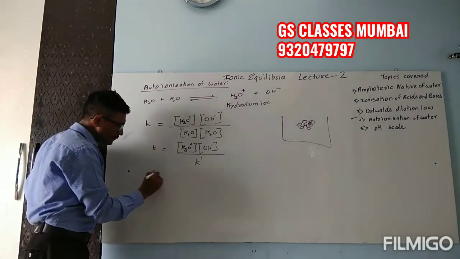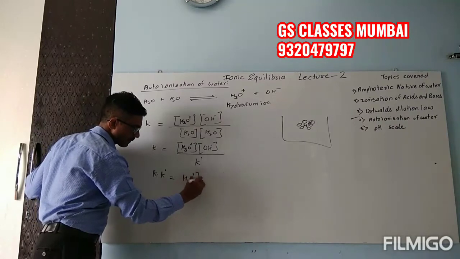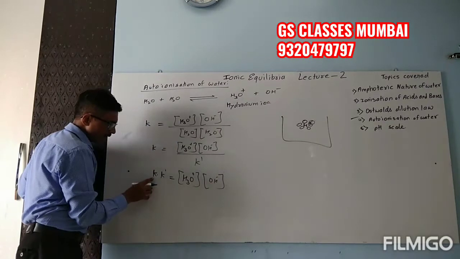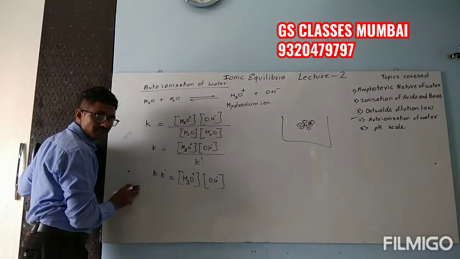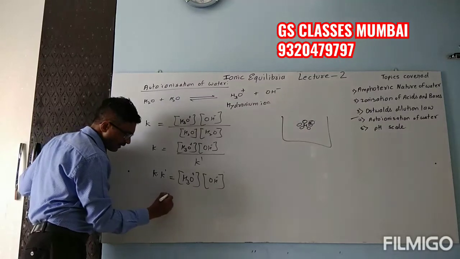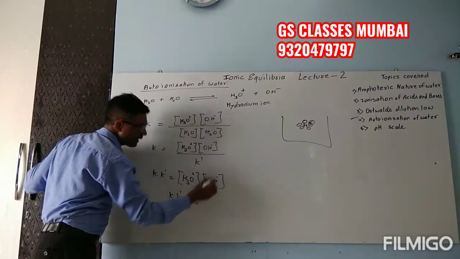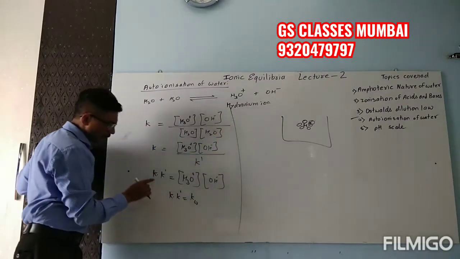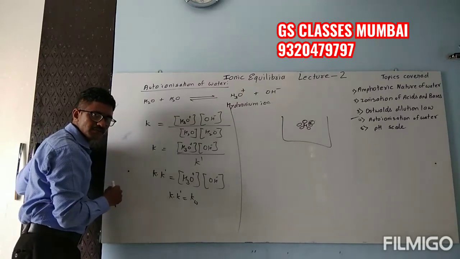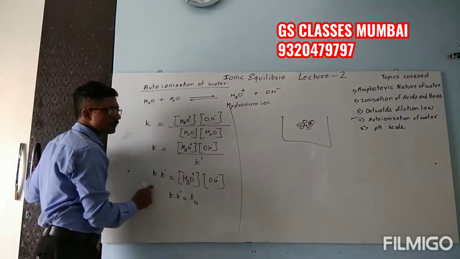So now it becomes a constant K into K dash. Again these constants we will replace by another constant, because two constants if you multiply you will always get a constant. Henceforth I am writing, replacing them by another constant Kw.